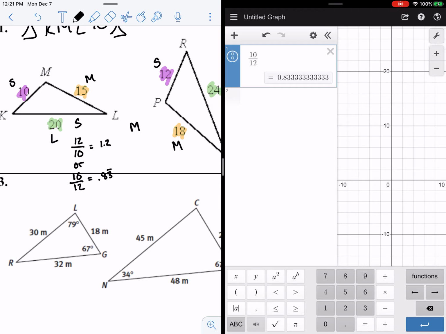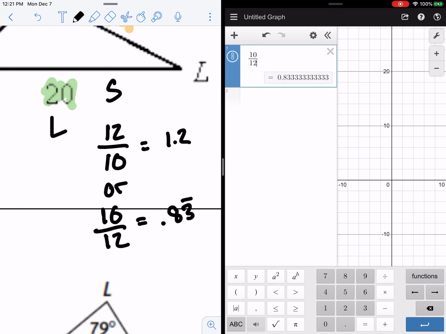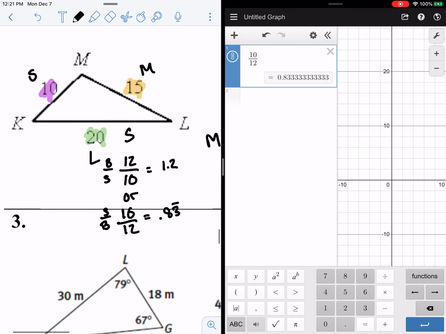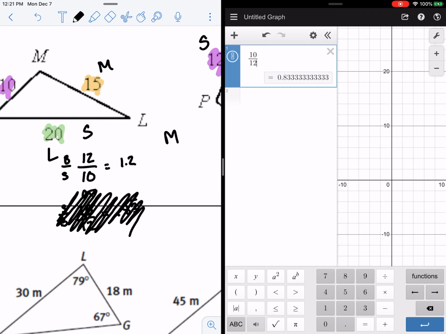Next, I'm going to do my medium proportion, and you can choose, do you want the big triangle or the small triangle as your numerator? So up here, it was the big triangle to small triangle. On the bottom, it was small to big. I personally like big to small, because if you don't like the decimals, you can simplify fractions. So this would really be 6 to 5.